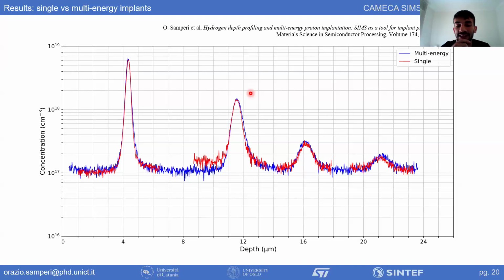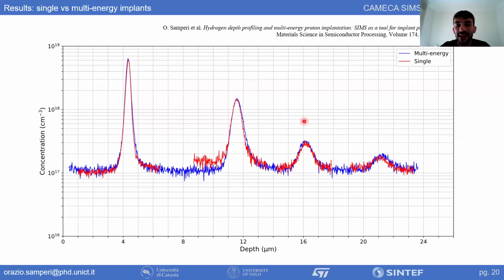Because in this kind of system, what you do is implant sequentially different energies. But between one implant and the next, you change the energy. And if you know, when you change the energy of the beam, it takes some minutes to stabilize. Then such a measurement is quite useful to test if the machine is working correctly.